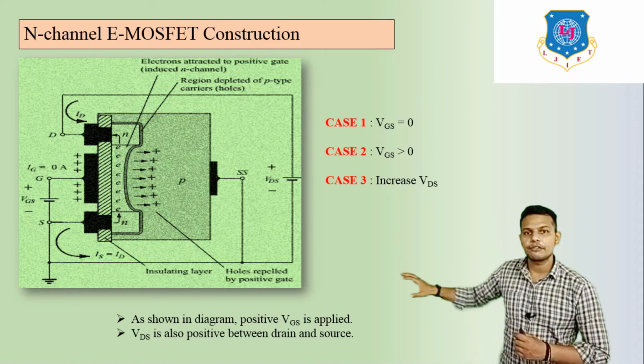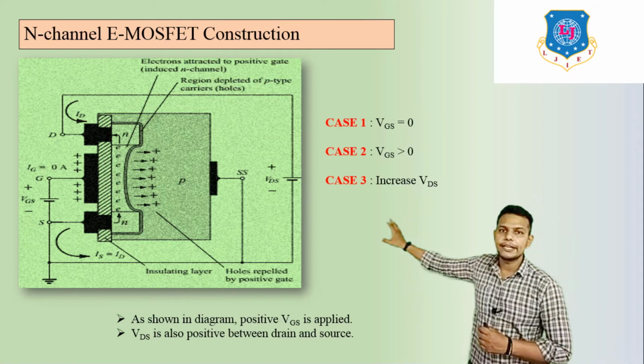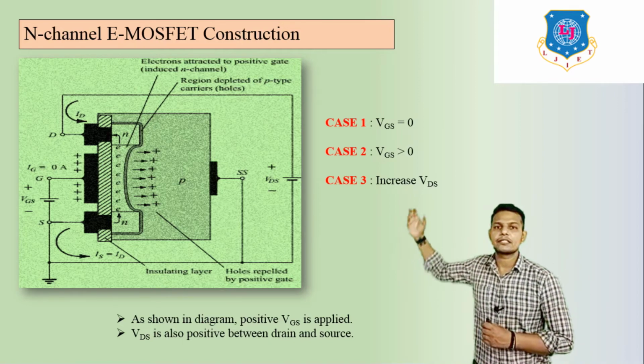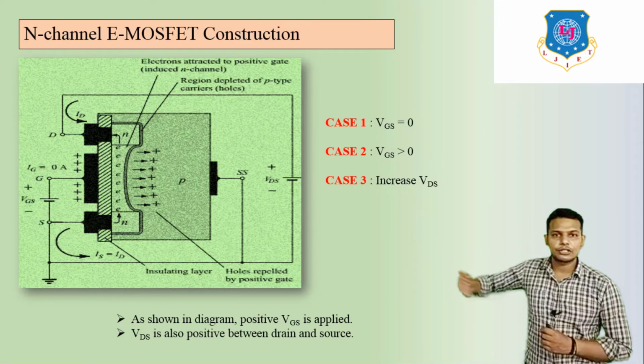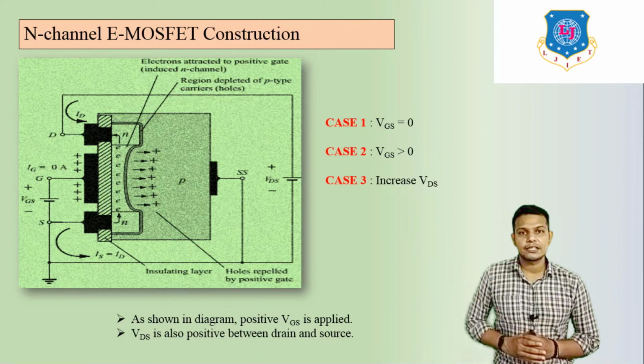So we keep VGS constant and focus only on the VDS terminal. These are the three different cases.